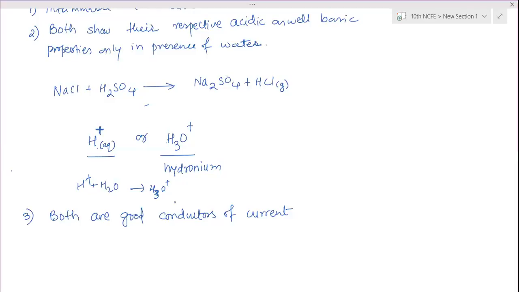Clear? Is this clear? Yes, ma'am. Okay. So write down the reason for that. Why are they good conductors of current?